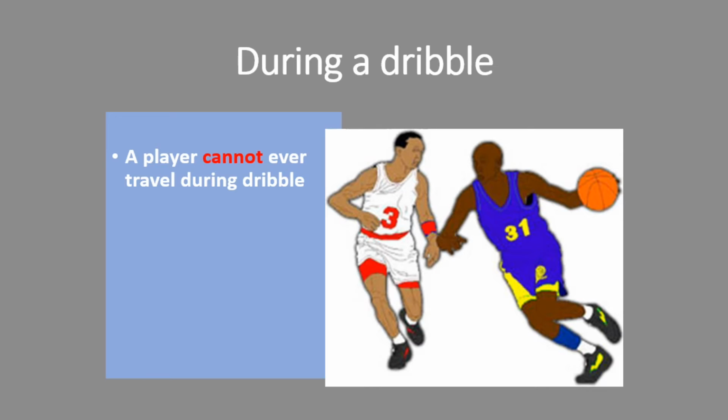So anytime you are dribbling the ball, it is impossible by rule because you haven't established a pivot foot. You are still dribbling, and you're allowed to move with your body. Consequently, in the previous example that I gave, I can get up off the floor by dribbling. So if I'm on the floor, I can dribble and then I can stand up, if my opponents allow me to do so.